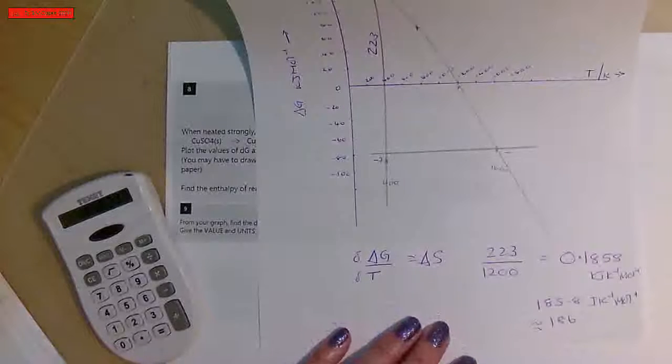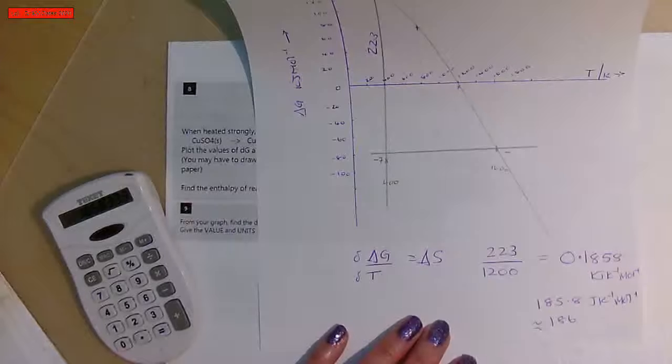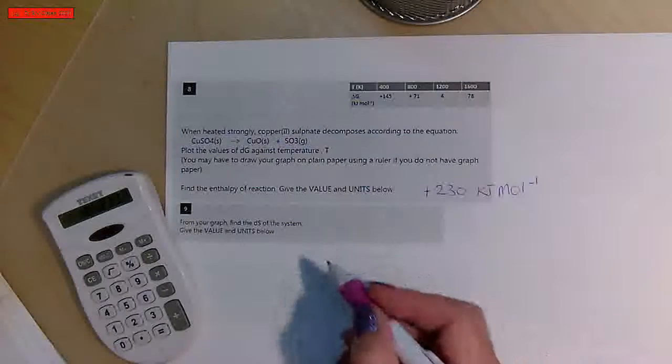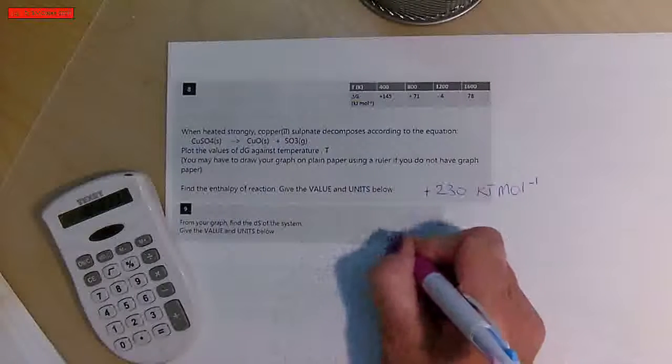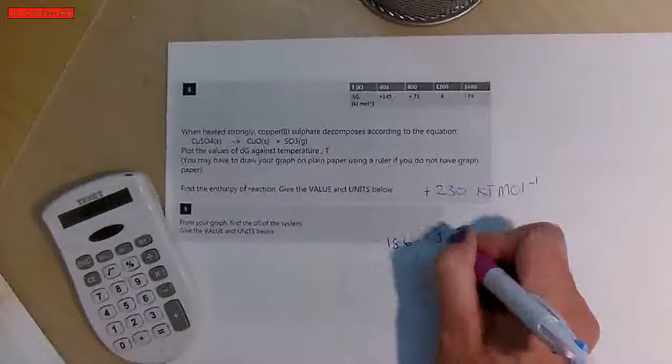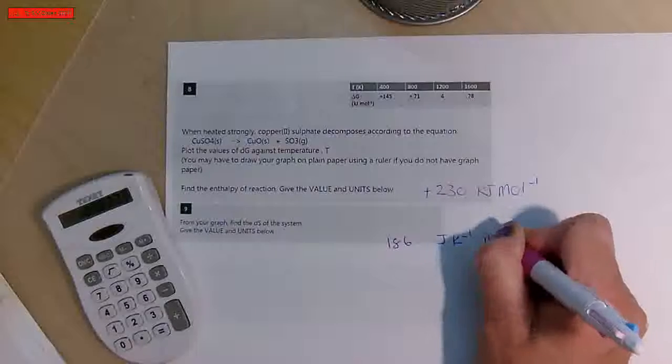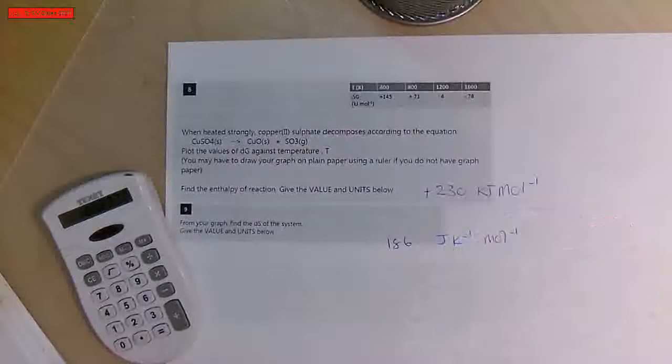So anywhere between about 200 and 170. If you get somewhere in between there, you're in the right ballpark. Okay, so the answer here then is 186 joules per Kelvin per mole.